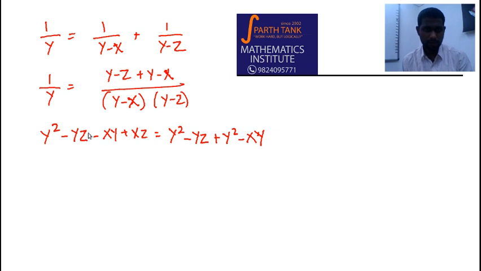So cancel all the terms, there is a minus YZ minus XY minus YZ minus XY, and one Y squared and Y squared also is gone.